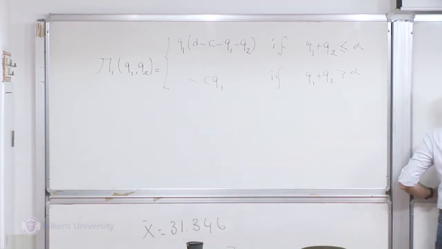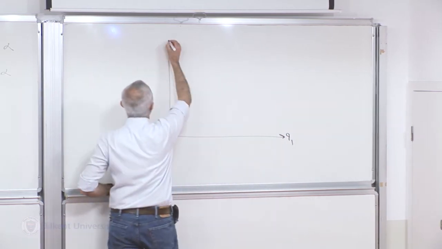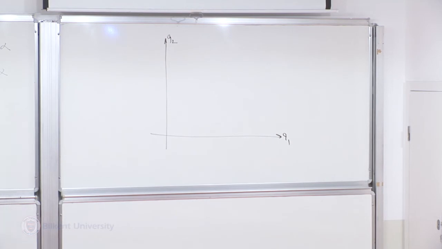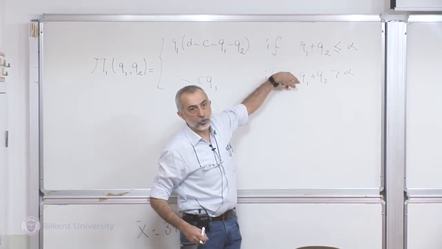Okay, so indifference curves, iso-profit curves. One thing we noticed is the behavior of the numerical representation, the profit function, changes depending on which region you are in.